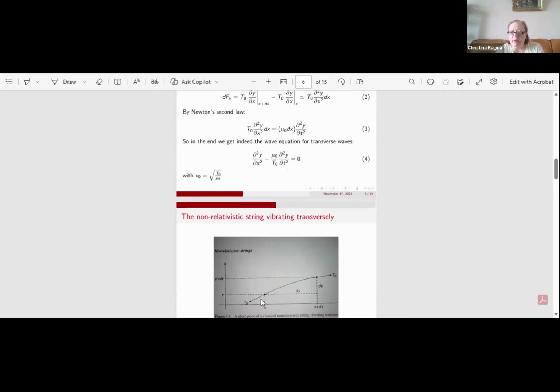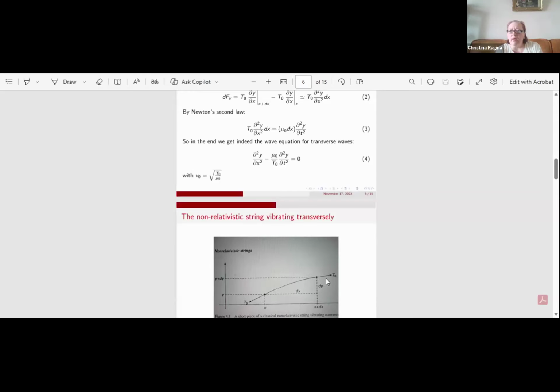If we project on the vertical line, that's the vertical component of T0, that would be T0 times the sine of this angle, which is actually the tangent, dy/dx. So T0 times dy/dx, minus the same thing at the other end.